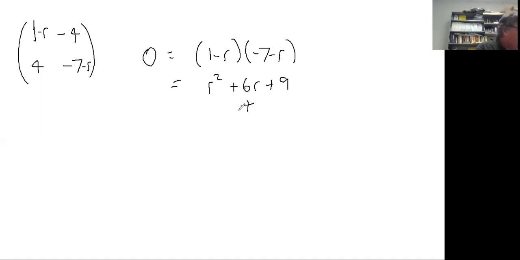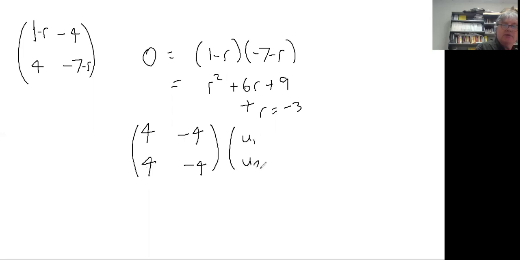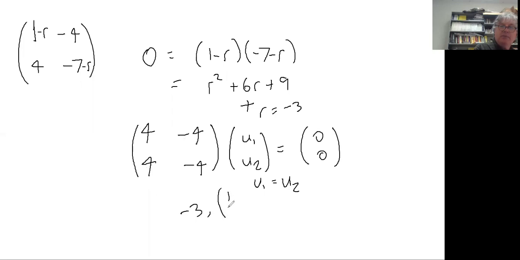And so we see that minus 3 is the only eigenvalue. Then we're just trying to check [4, minus 4; 4, minus 4] times u1, u2. We want that to be 0, and we see that that happens when u1 equals u2. So it's only one eigenpair.